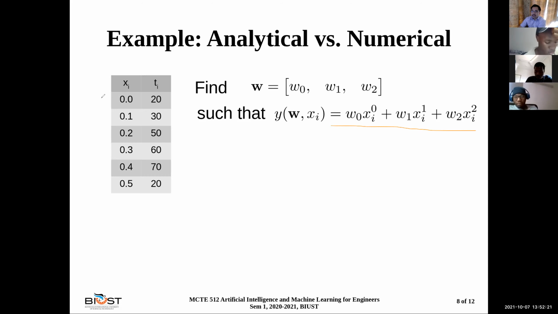This is xi and ti, where i goes from 1, 2, 3, 4, 5, 6. There are 6 data points, and we will have these 6 data points of input x and our target value t.